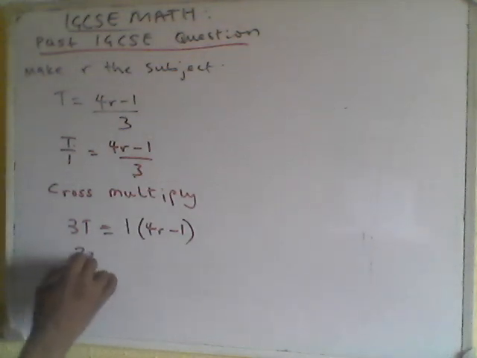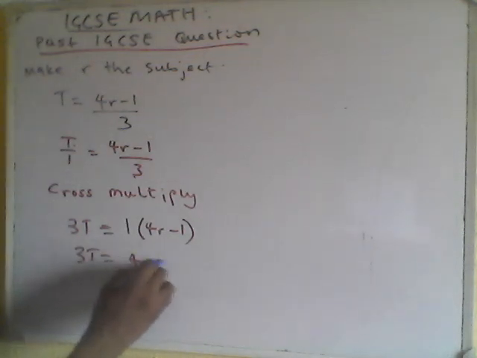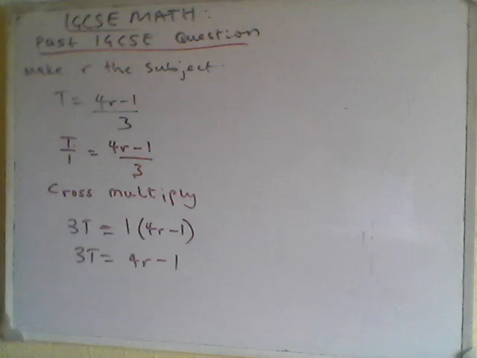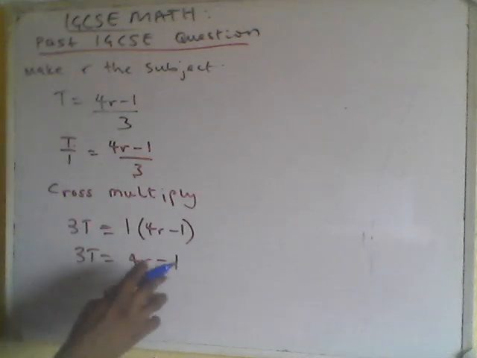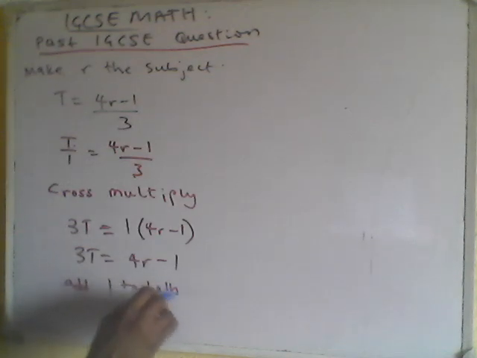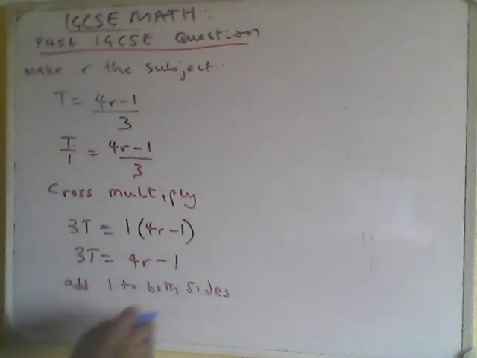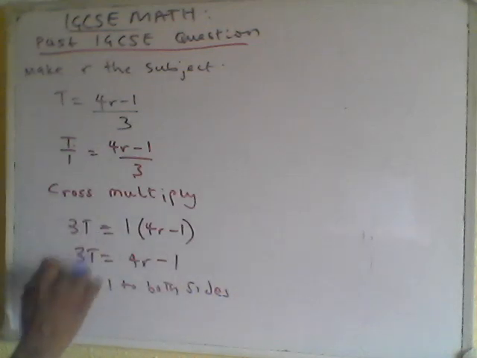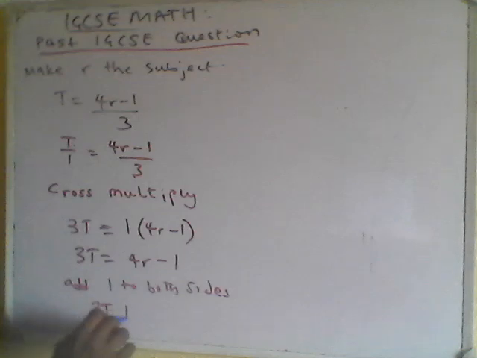I'll have 3t is equals to 4r minus 1. Our goal is to make r subject. So what is binding r to this expression is minus 1 first. So I will say add 1 to both sides, or I will say when minus 1 crosses to meet this one, it becomes plus, right? So I have 3t plus 1 is equals to 4r.